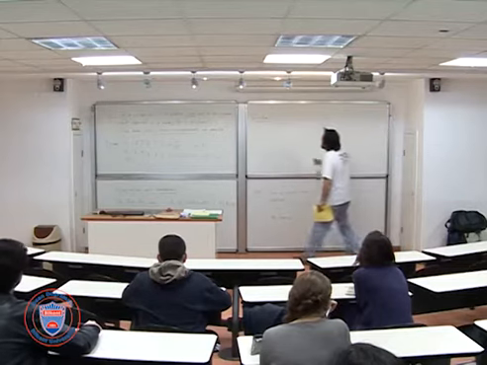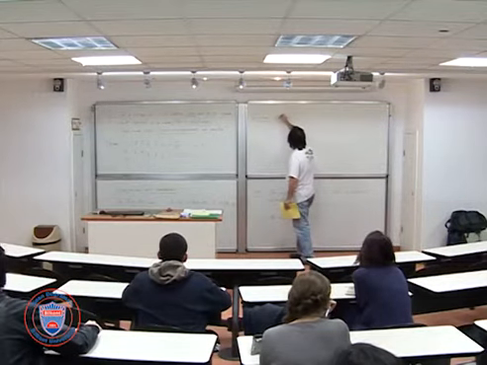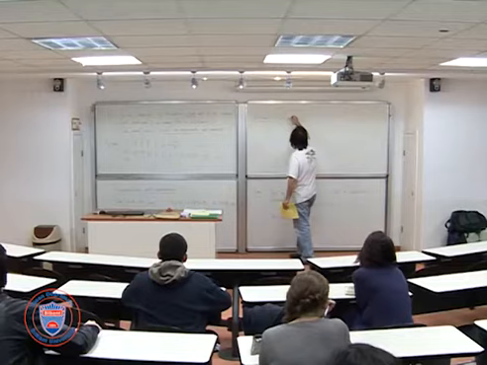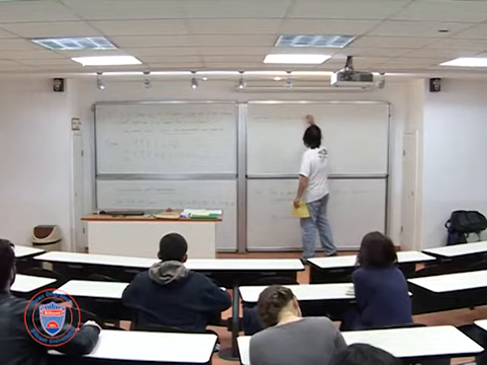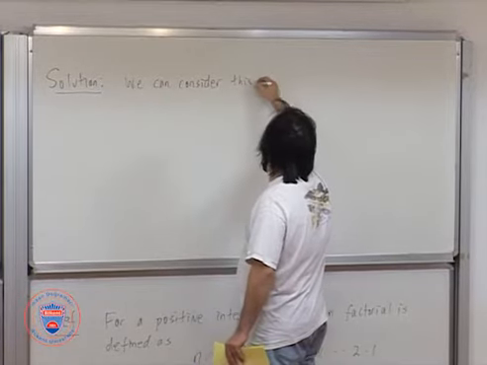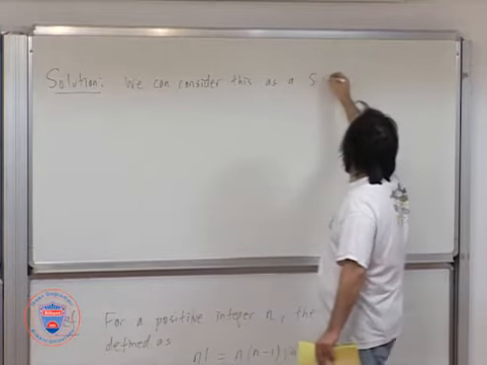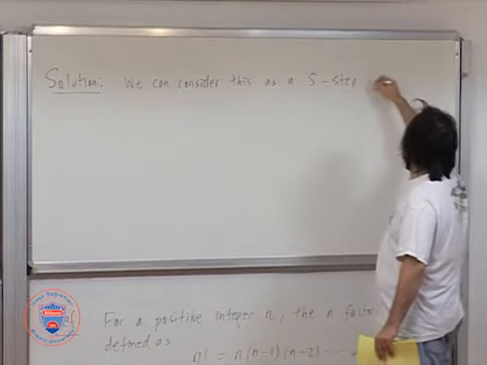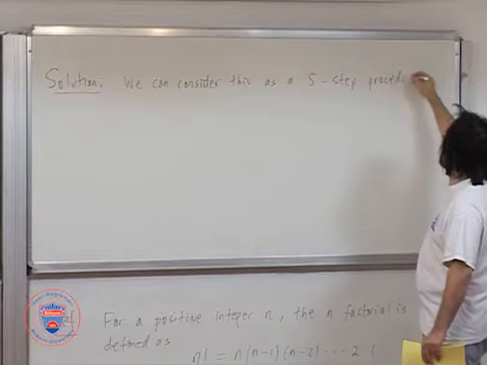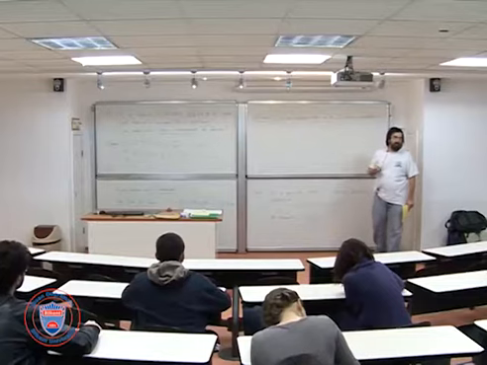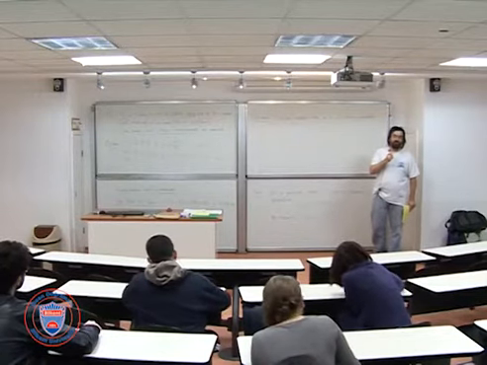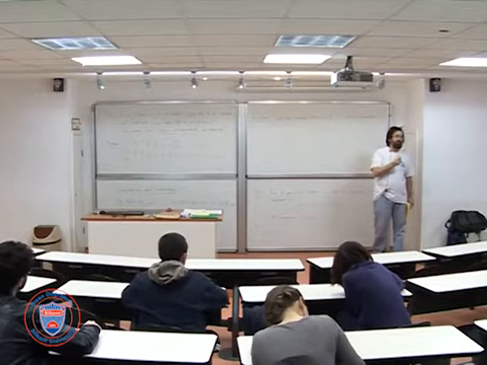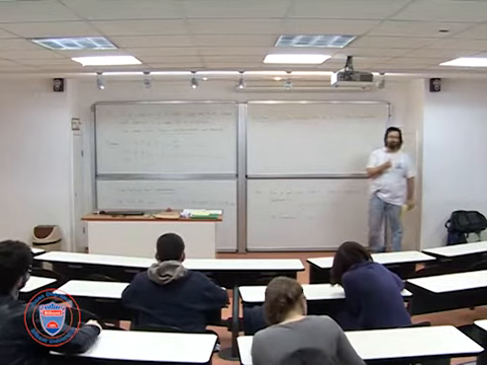So we can consider this as a 5-step procedure, where your first step is choosing a student to put on the most left place.